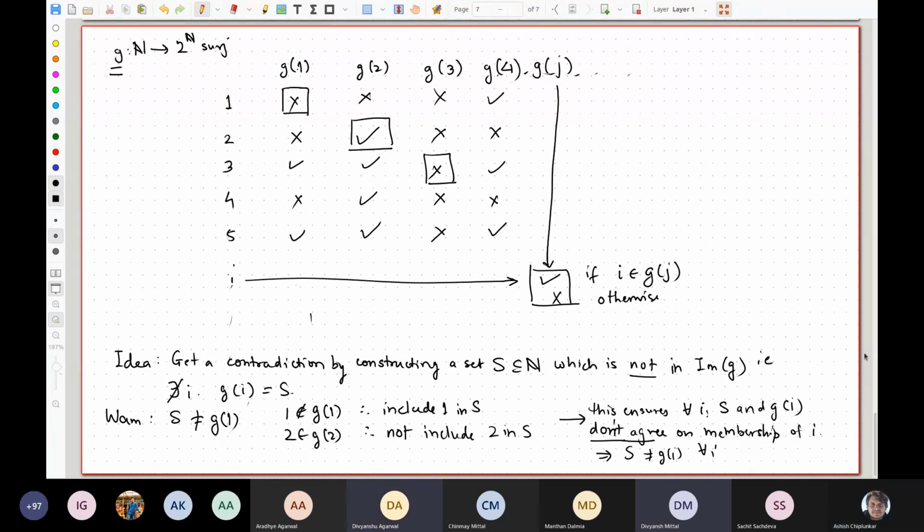I'm also a bit confused in this. Whatever S we create, it could be a subset of n, right? Yes. So isn't this kind of a paradox? At the first place, we had that G is a function from n to every subset of n. Exactly, so it is a paradox.